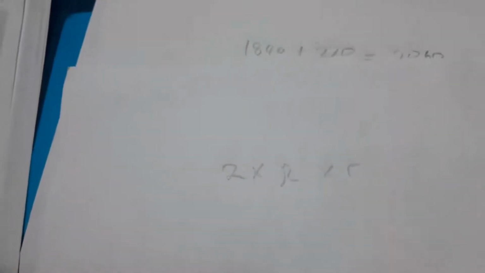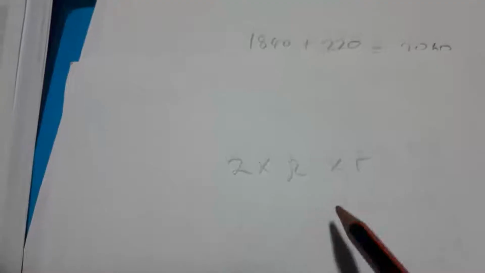So 2 times pi times r is the formula to calculate circumference length of a circle.